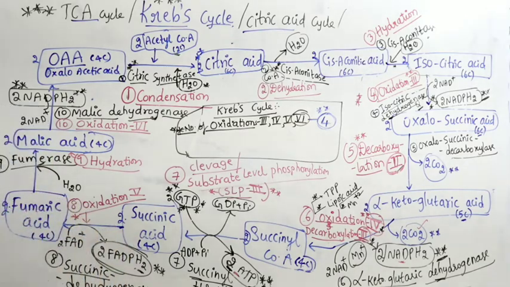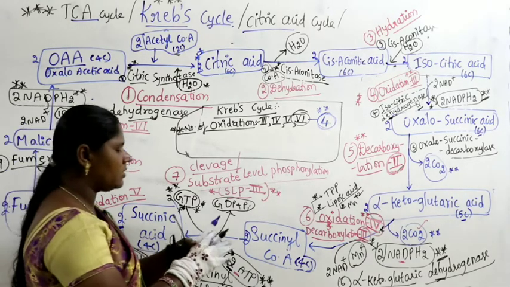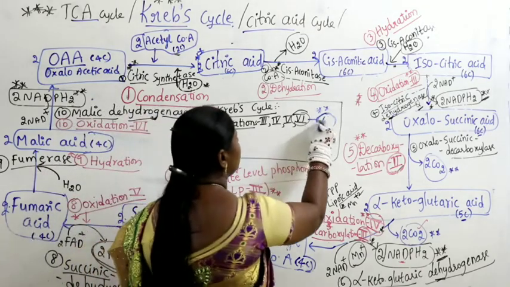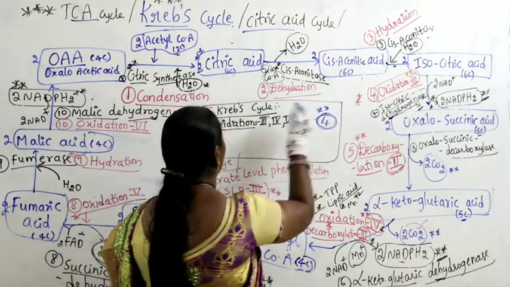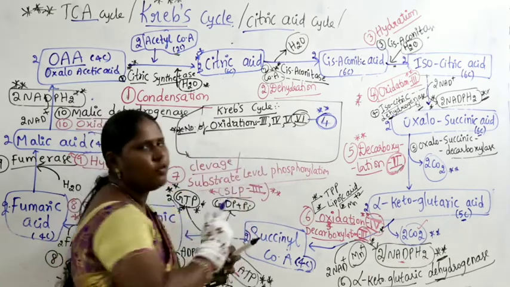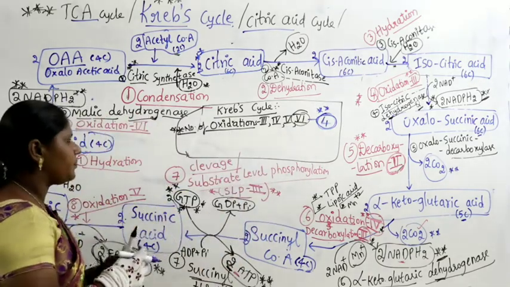Let me change markers. So I have changed the markers. Here there are altogether 4. The number of oxidations is 4 in the Krebs cycle.